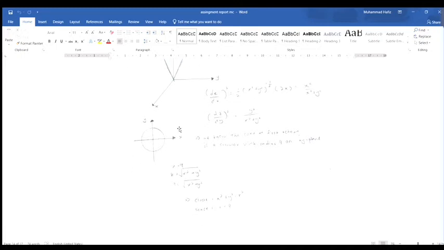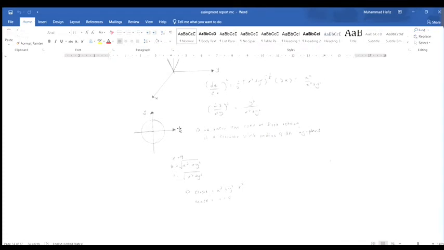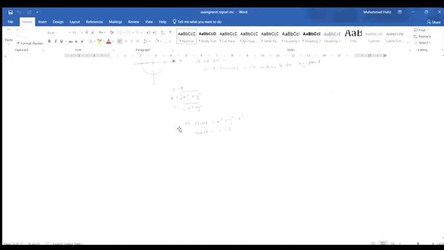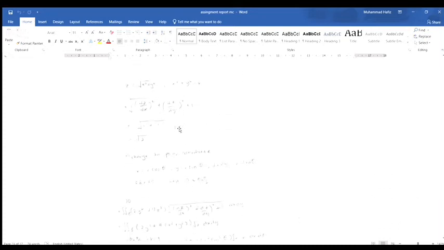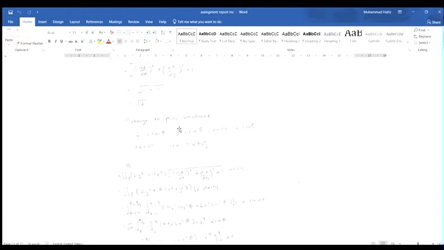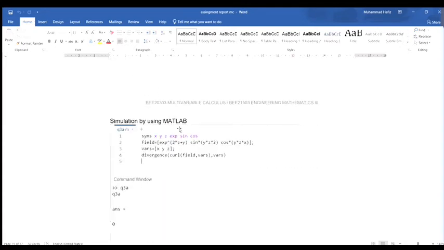From that, we know the cone in the first octant is a circle with radius 9 on the xy plane. And then I change to polar coordinates so I can solve the question and get the final answer, and prove it with MATLAB.